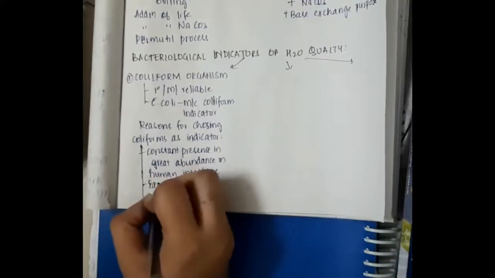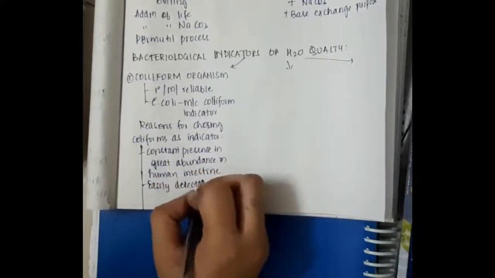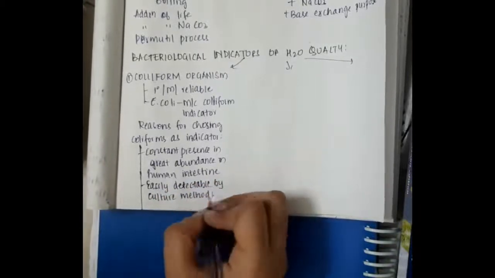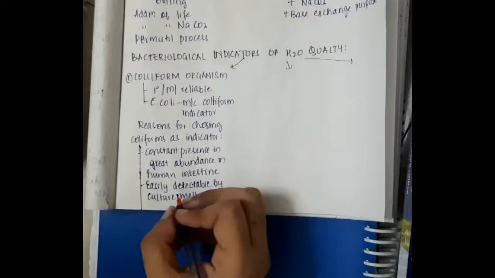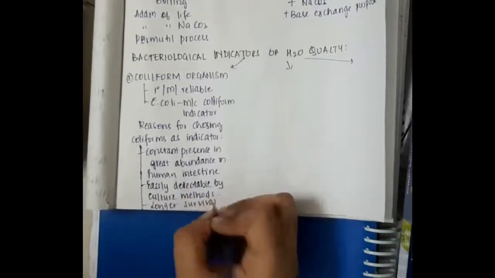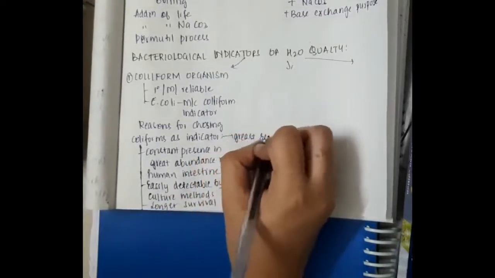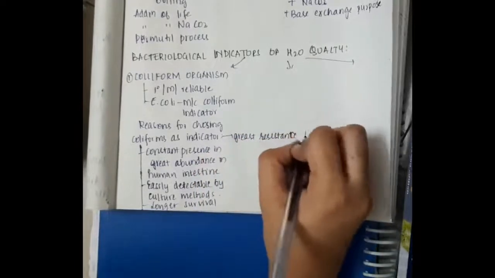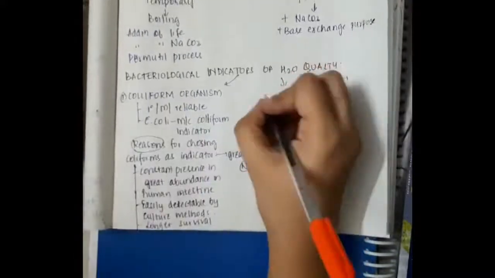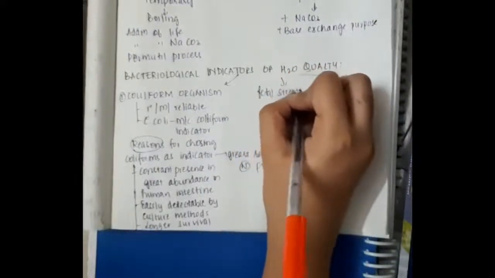Second, they are easily detectable by culture methods, through nutrient agar, MacConkey agar or Clade agar. With them we can easily detect coliform organisms, E. coli. And third, they have longer survival and greater resistance to normal purification. They are not easily purified. So that is the reason why we take coliforms as indicator.